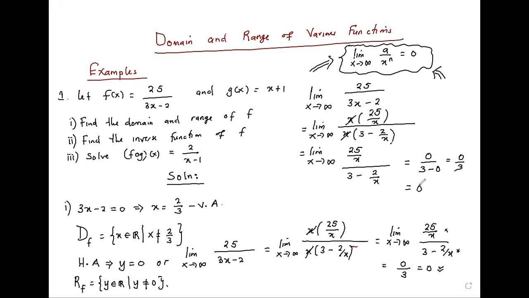Suppose we had a quadratic, f of x is equal to 3x plus 1 over 4x squared minus 2x plus 3. You want to find the limit as x goes to infinity of the function f of x, which we write here, 4x squared minus 2x plus 3.